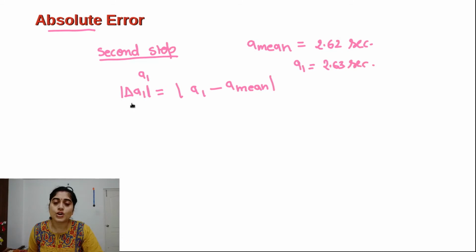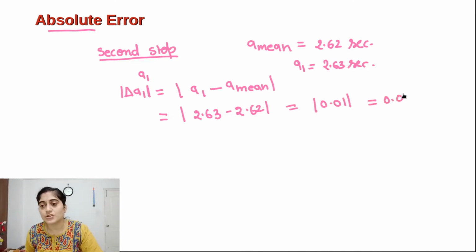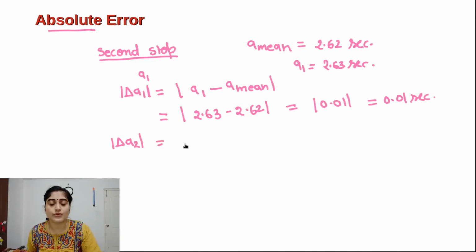So the difference is 2.63 minus 2.62, which equals 0.01, and the mod is already positive, so it is 0.01 seconds.